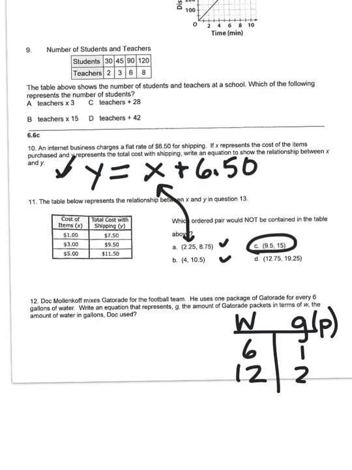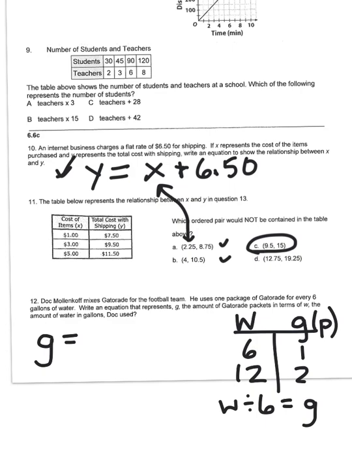So if I want to write an equation in terms of W to represent the G, I want G equals. So what's happening over here? I'm dividing by 6. So I would say water divided by 6 equals Gatorade.